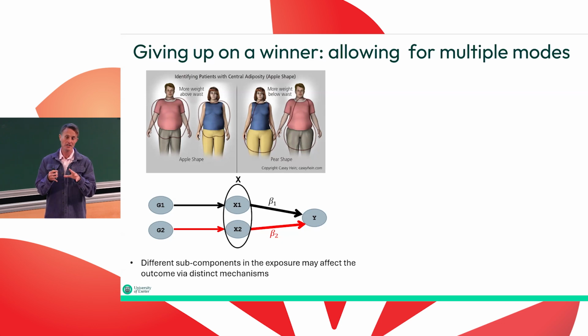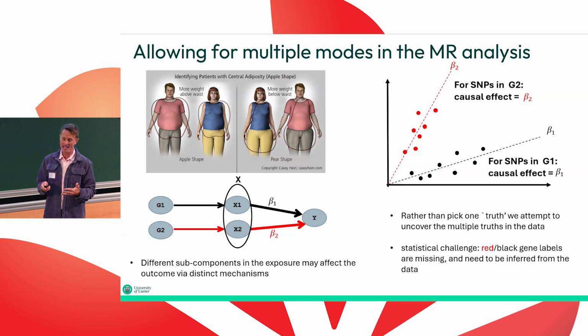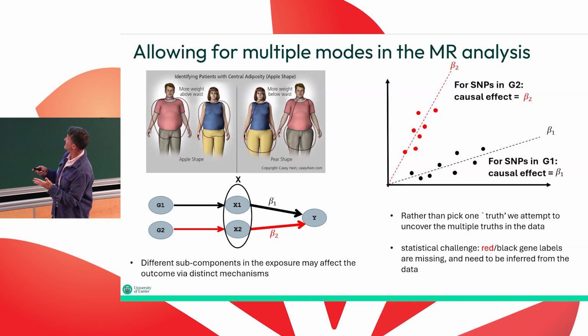And if we were to only measure BMI, actually there's latent substructure in the data that we're not modeling. And what we would see potentially is a scatter plot that looked more like this, where we would see evidence of clustering in the data. In this case, we've got some red genetic variants that are coding for one obesity subtype that are identifying one causal effect, and then the black variants that are predicting a different type of obesity, and they're identifying a different causal effect.